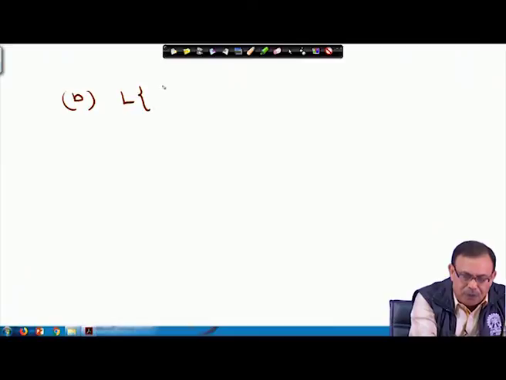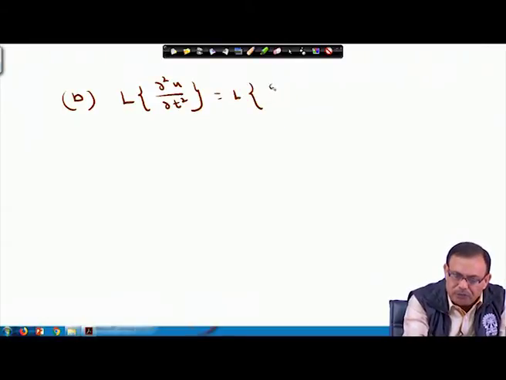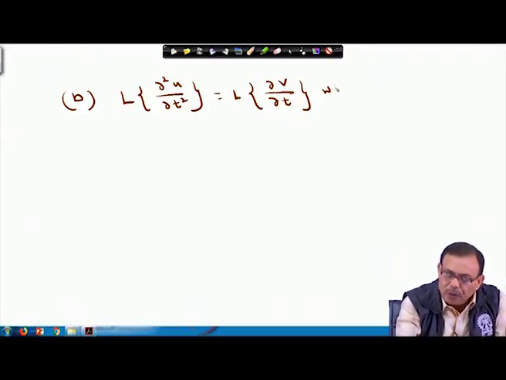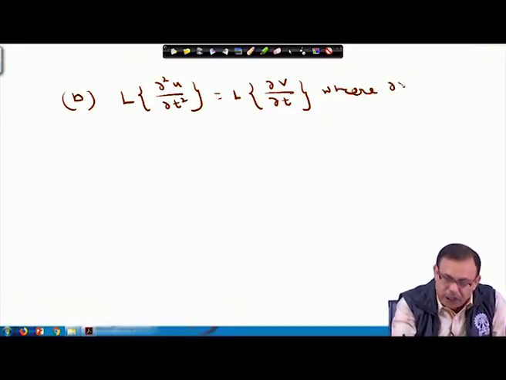Let us see the proof of the B part, that is the Laplace transform of ∂²y/∂t². I can write this as the Laplace transform of ∂v/∂t, where v equals ∂y/∂t.